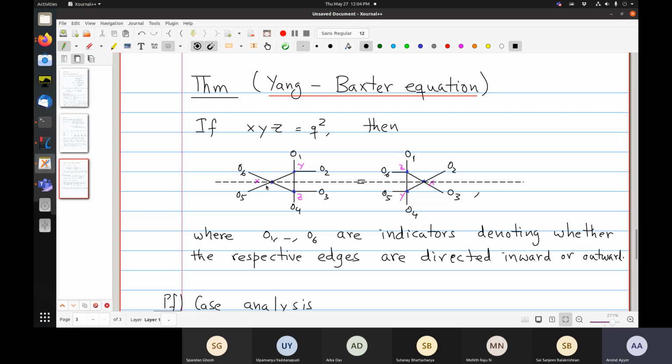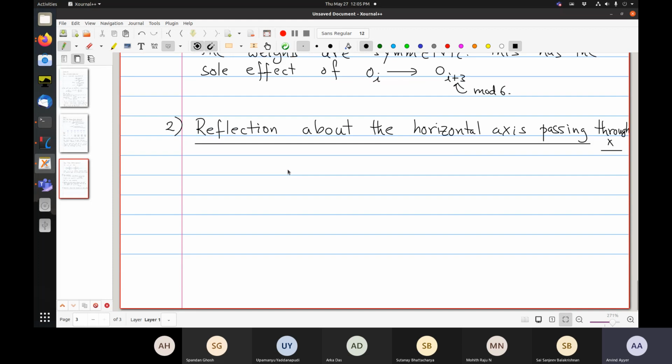What is going to happen? Well, the arrows at X will change, and the effect on the weight will be X going to X bar, on both sides. But here, it will take Y to Z bar and Z to Y bar. So this will go here and become a bar. One just has to wrap one's head around it.